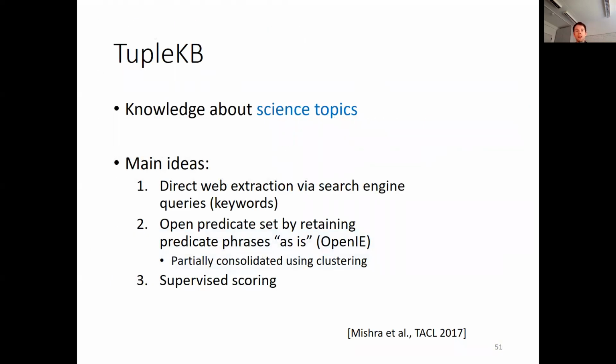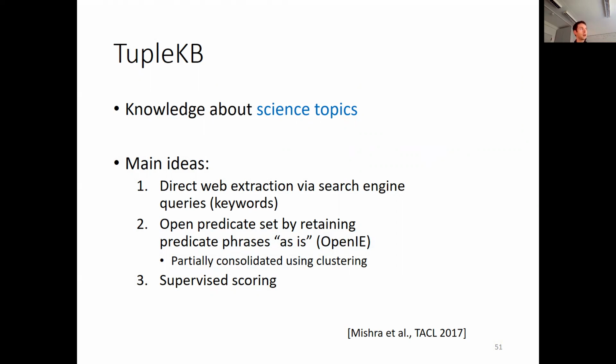With that, let's move to the next knowledge base. Tuple KB is a project from 2017 at the Allen Institute of AI. The focus here is on knowledge about science topics. The main ideas are for the sources to use direct web extraction via a search engine.